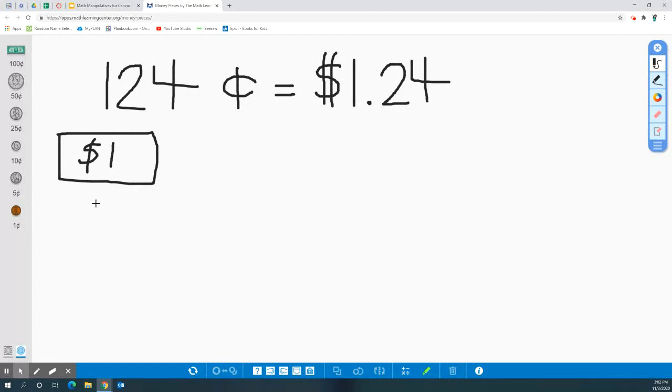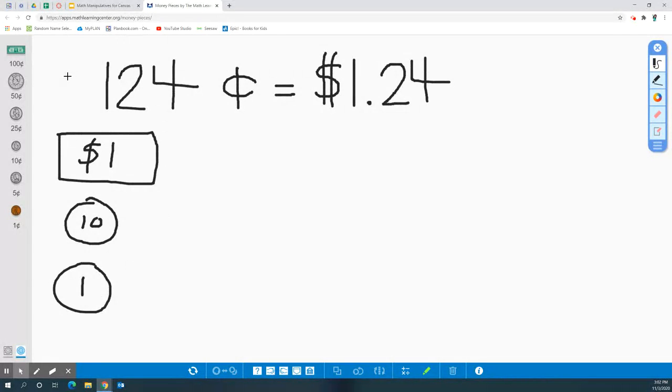If you are going to use a dime, you're going to do a circle with a 10. And if you're going to use a penny, you're going to do a circle with a 1. So $1, here are your dimes that are 10 cents, and here are your ones that are 1 cent. Okay, now we're going to make $1.24.